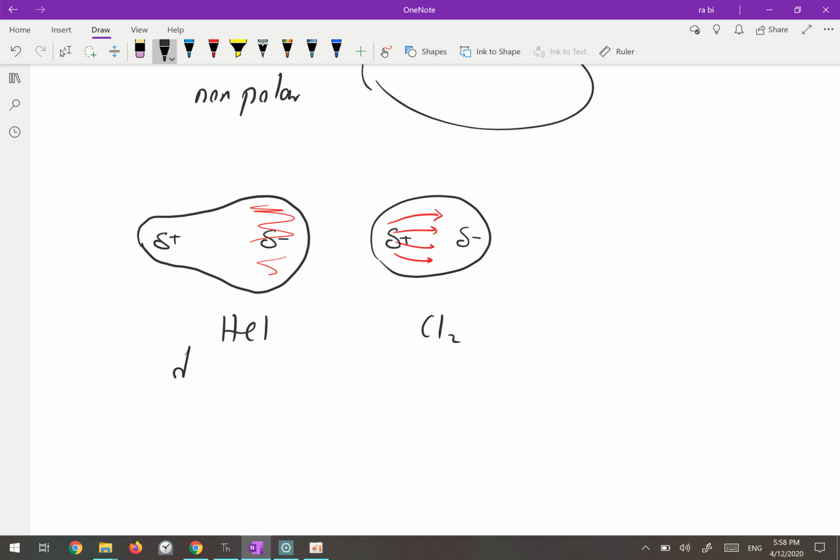It means this one which has a dipole induces a dipole on Cl2. So this one is an induced dipole. Cl2 doesn't have a dipole, but a dipole can be induced on it by an adjacent polar molecule. When this happens, there is attraction between this negative area and this positive area. This type of attraction we call dipole-induced dipole.